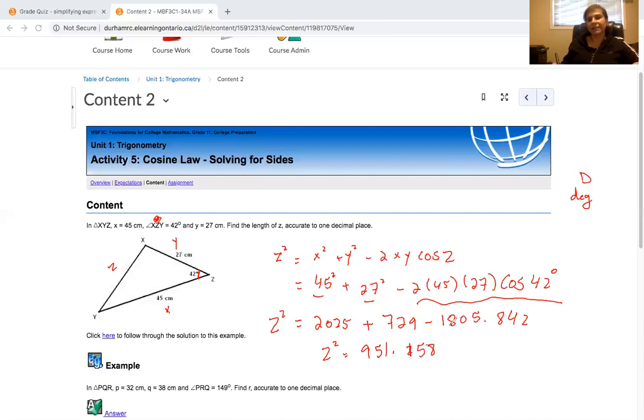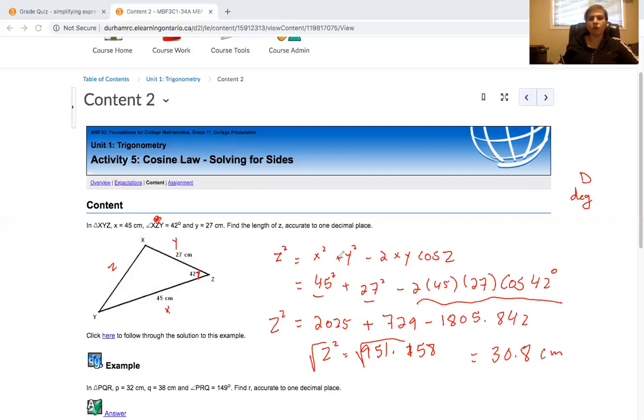Now we're not done yet. If I look at this, this is z squared. I need to find just z, okay? To find just z, you need to square root. So you do the square root of the answer, and that's going to give you 30.84. So that's going to be 30.8 centimeters.